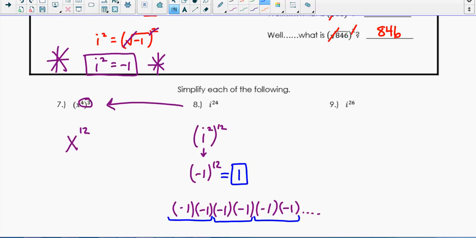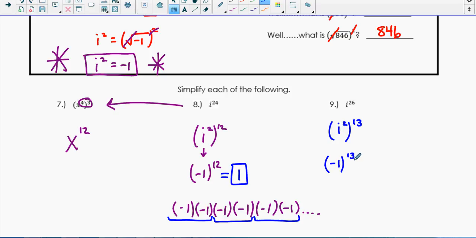Okay, let's say I have i to the 26th. I start by saying I want it to be i squared, because I know that i squared is -1. So I can take i squared and raise it to the 13th power, because 2 times 13 is 26. Now these are identical. By doing that, I can see that i squared is -1 to the 13th power.